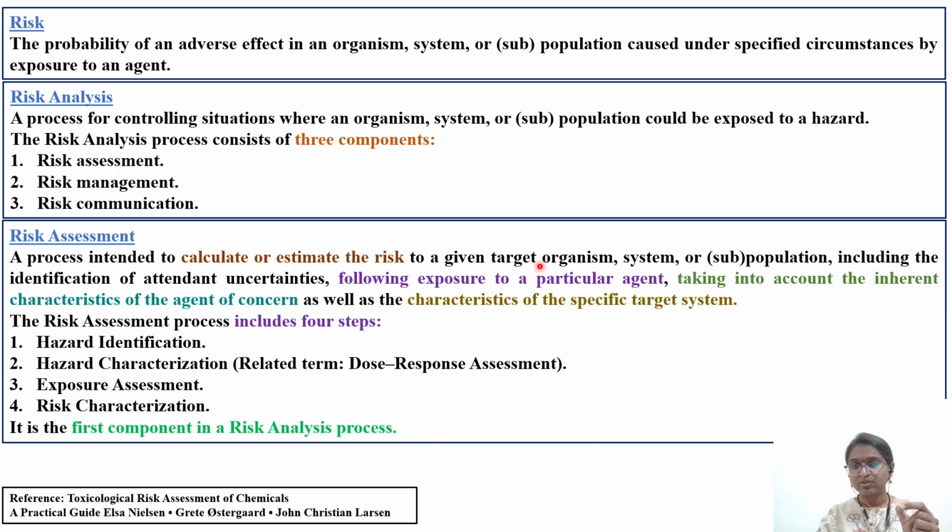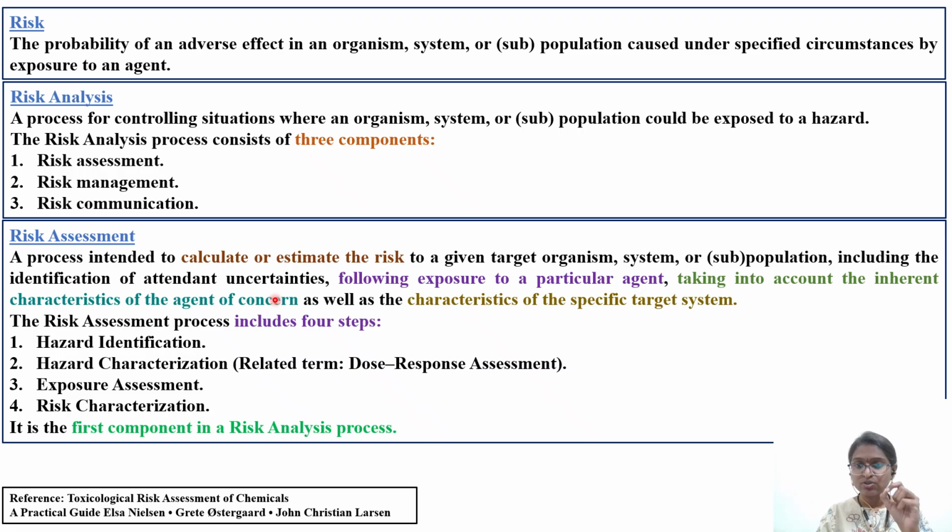So there are different target organisms, systems, and subpopulations, because when such a factory accident takes place, the nearby cattle, sheep, poultry animals or birds also get affected. So we need to discuss that subpopulation also when we are preparing the risk management plan, including the identification of the attendant uncertainties. There might be a lot of data gaps also.